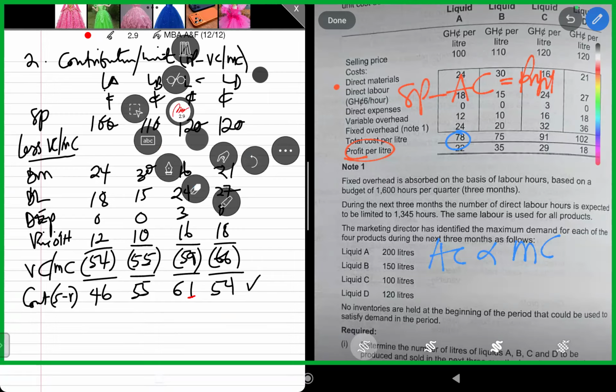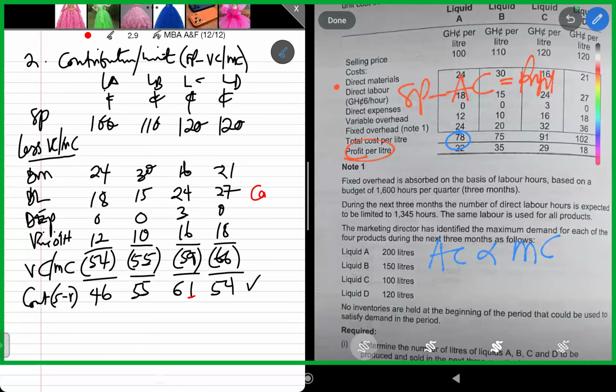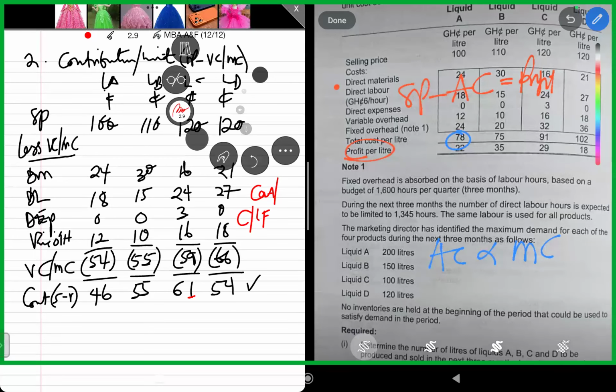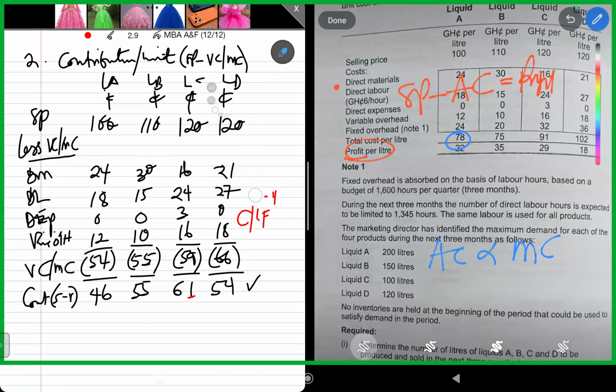I can add that third step here. But pay attention. To find contribution per limiting factor, what do you think should be done? Contribution per limiting factor, what do you think we should find? I want to see whether you are getting the concepts. Tell me what you think.